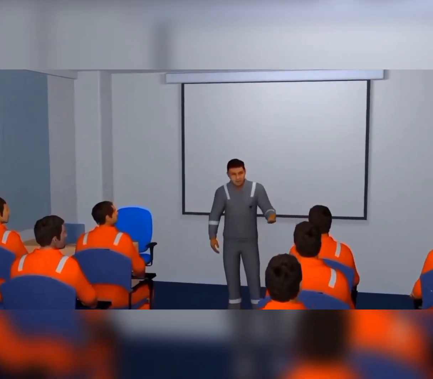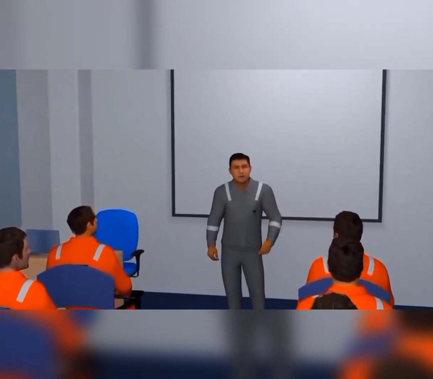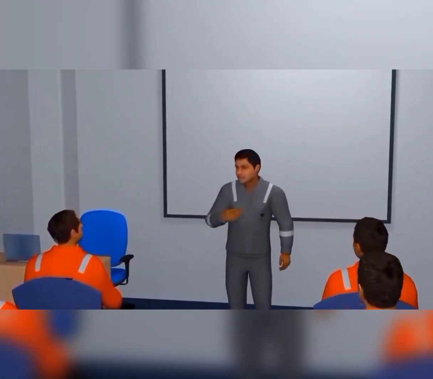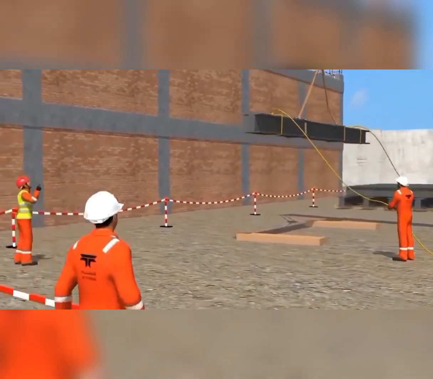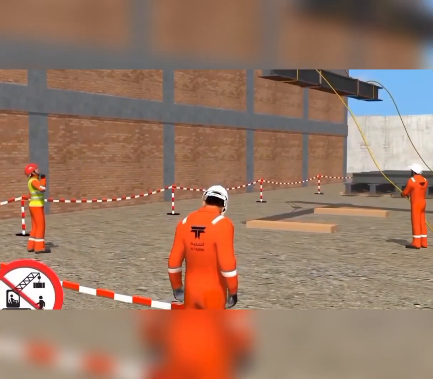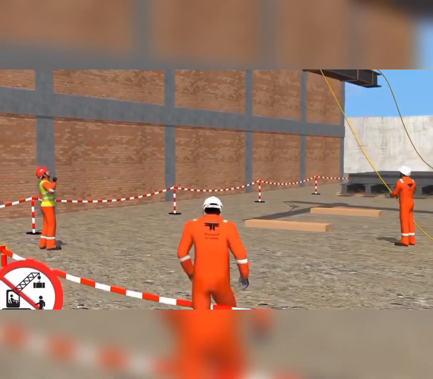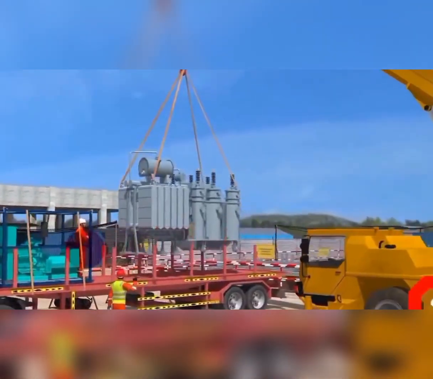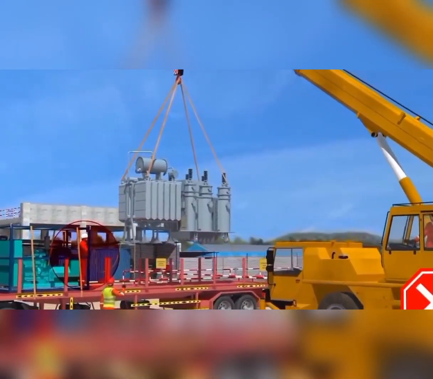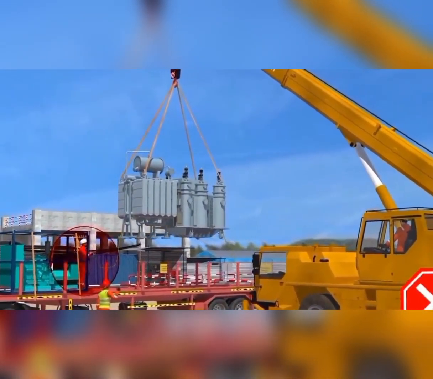Now, let us understand the safety rules to be followed while lifting operation. No person shall be allowed in the cordoned area other than the banksman and helpers. No person shall be allowed on the trailer and on the crane while loading and offloading.